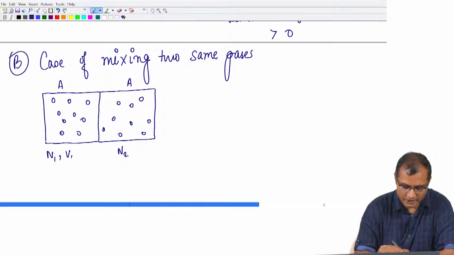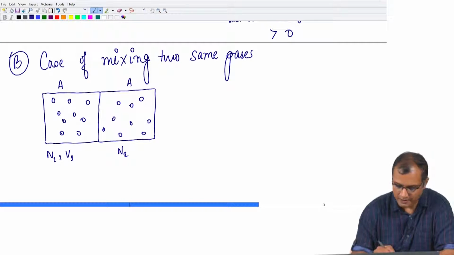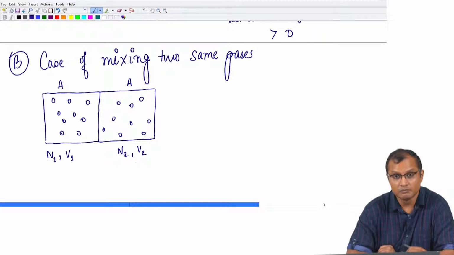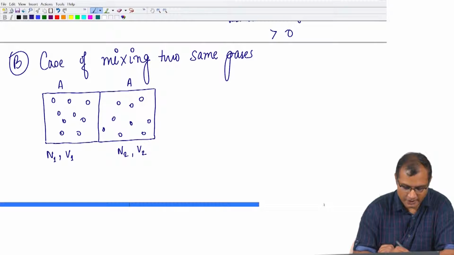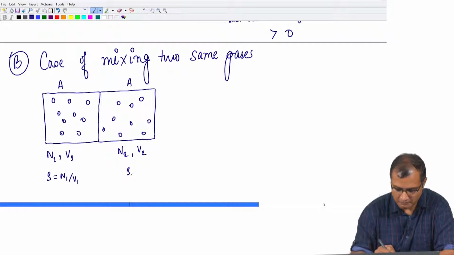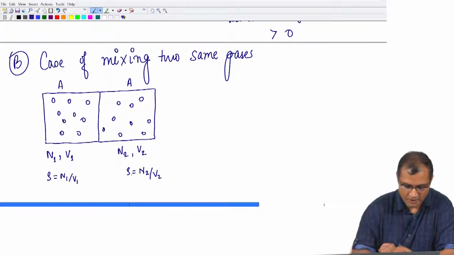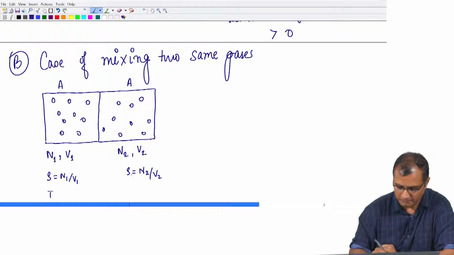The volume of the container here is V1 and the volume of the container here is V2, and I am taking the density to be the same. So, both sides I am taking density rho and I am taking the temperature to be the same.